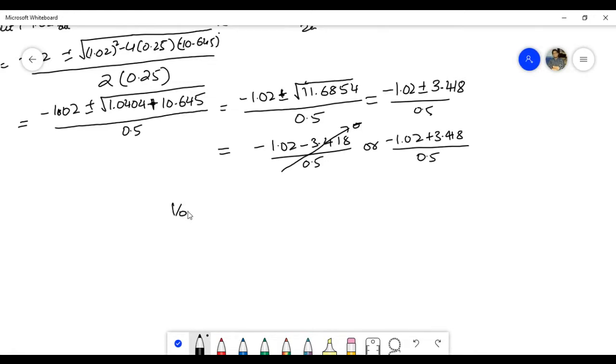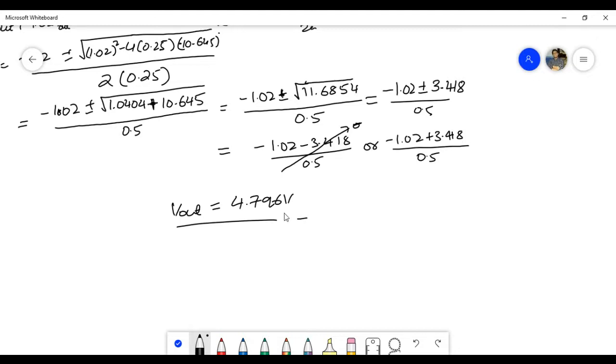So here V out will be how much? 3.418 minus 0. It will become 4.796 volt.